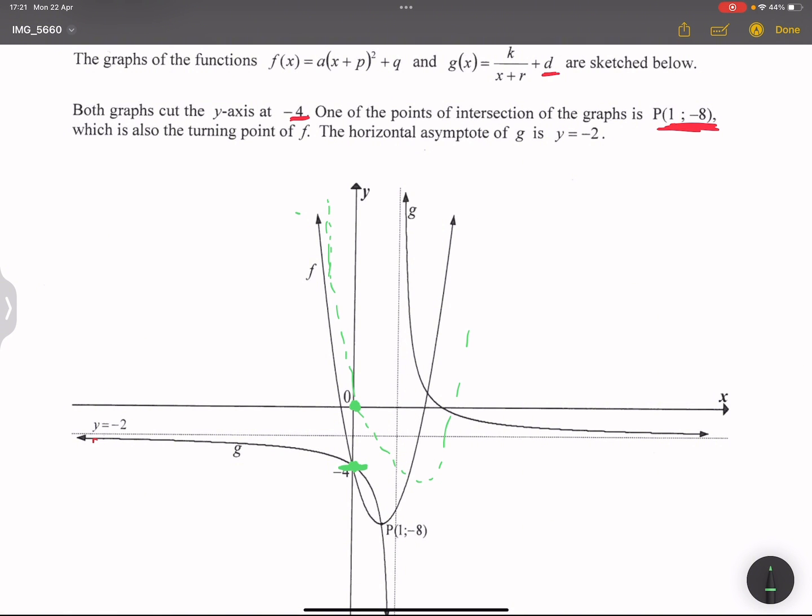So I would have shifted my graph upwards. I know my graph is inaccurate when I draw it like that. Okay, so I would have shifted my graph something like that. It can't be my turning point there because I would have shifted the graph upwards.